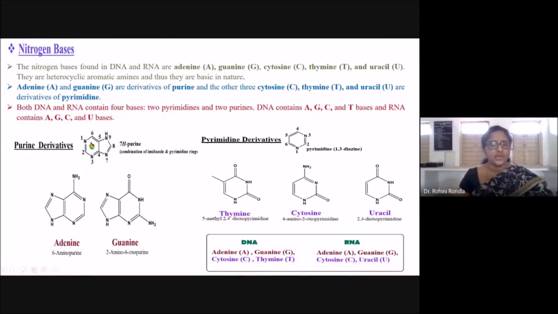So 1 2 3 4 5 6 will be the same, but sometimes you will see this nitrogen as 7, and sometimes you will see that nitrogen as 7. But the overall structure is like this. This is the purine. Why am I telling all this? Adenine and guanine nitrogen bases are derivatives of purine.